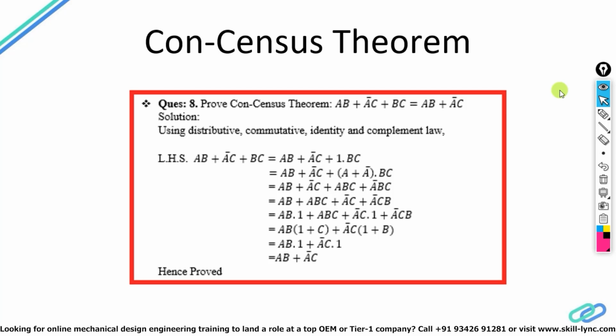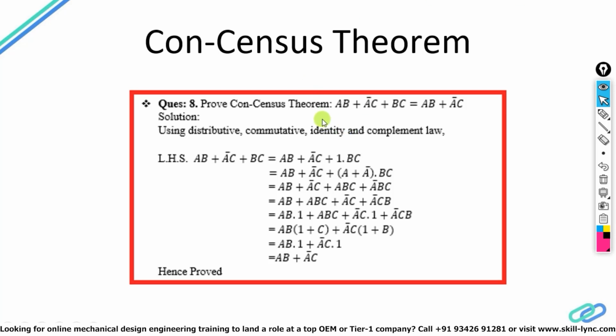So you can see here that the consensus or resolvent of terms AB and A bar C is BC. So it is a conjunction of all the unique literals. Now we have to prove it. First of all, we will check how many terms and how many variables are present.